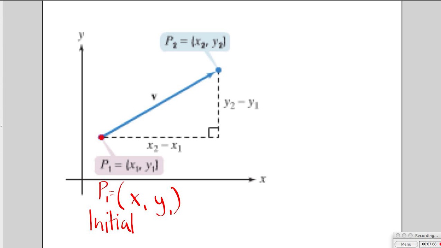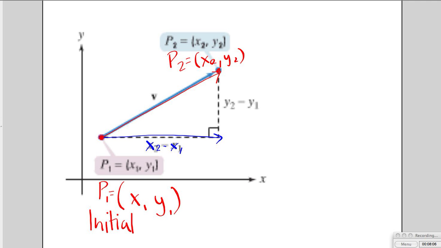And then they'll tell us the terminal point. In this case, it's P2, which is at x2, y2. And that's my vector. It goes from P1 to P2. If we want to describe this vector in terms of i and j, meaning the horizontal and the vertical, well, the horizontal has to do with the x values. So we would take x2 minus x1 to find how long that length is.